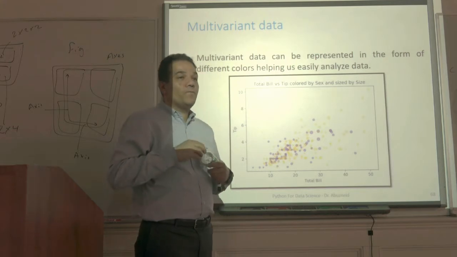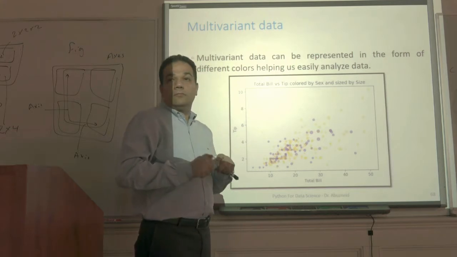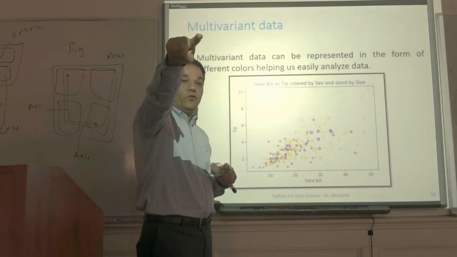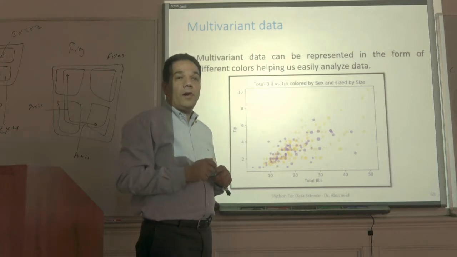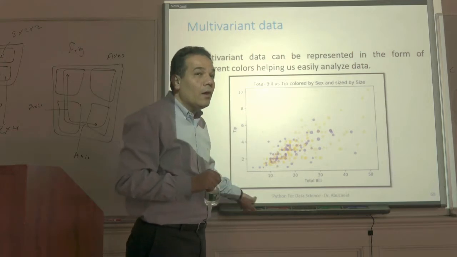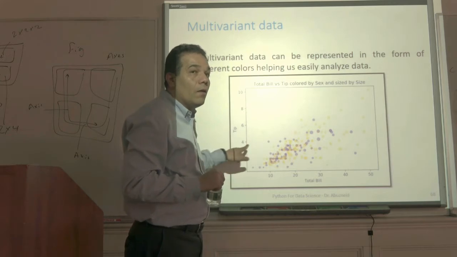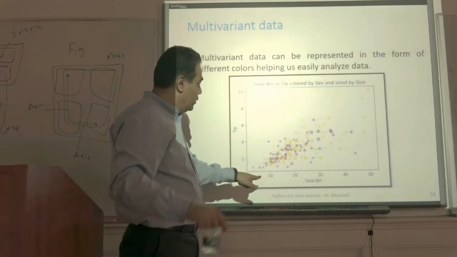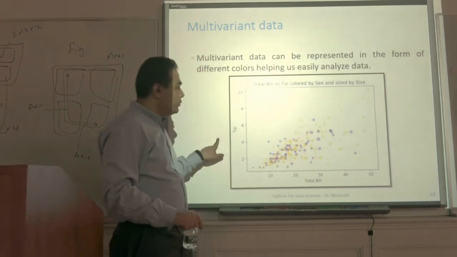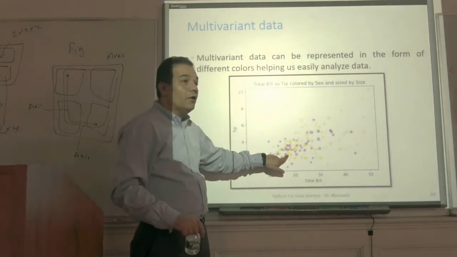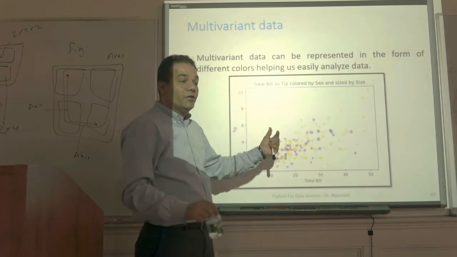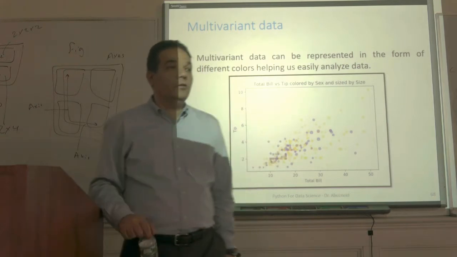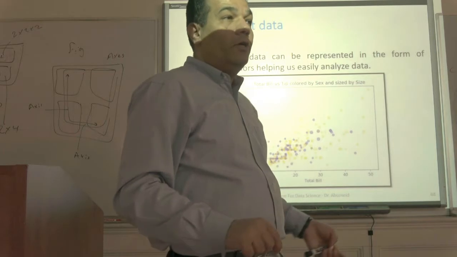Who says 4? See why? There's total bill, tips, sex, and size. Perfect. Thank you so much. So you have one continuous, the color is another variable, and the size of the dot is another variable. So how many variables do you draw in here? 4.